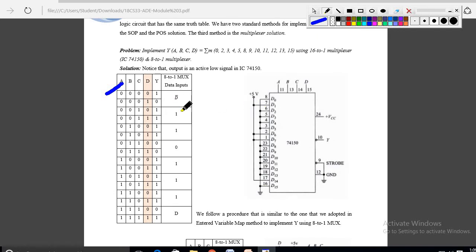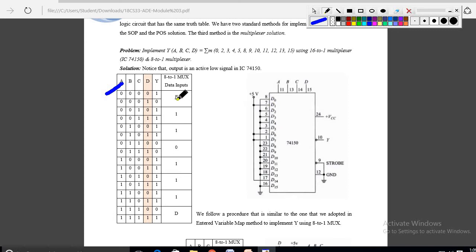If it is 1, connect it to plus 5 volts. If it is 0, connect it to ground. See here, in this case the third one is D3, pin 5 of the pin configuration, and it is connected to the ground here.